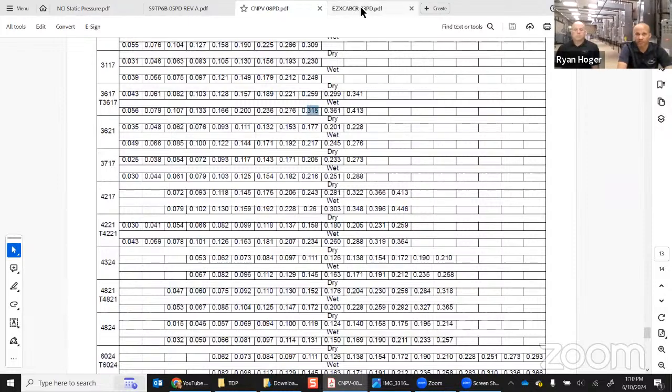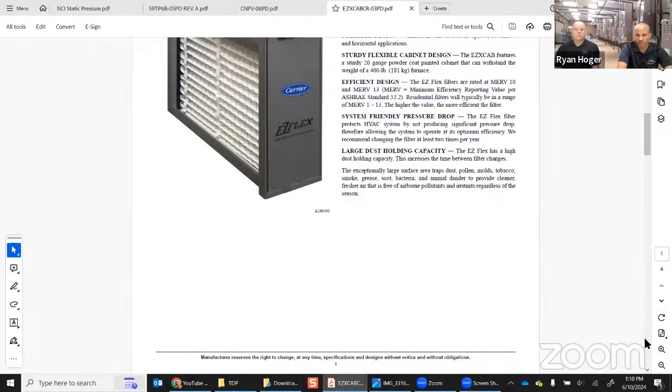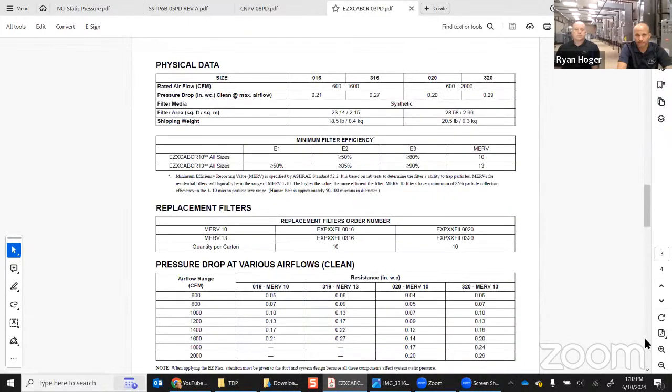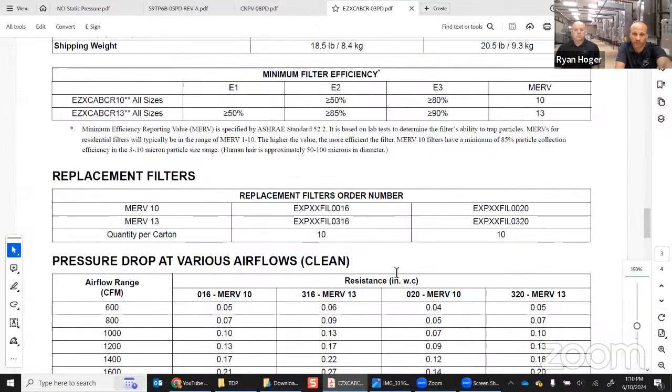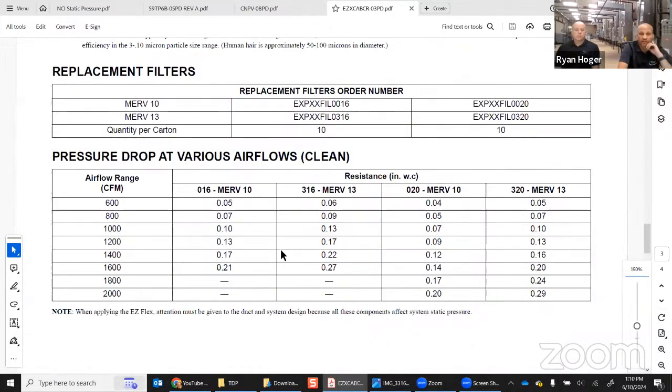If we look at a particular filter, in this case, I took an Easy Flex. Scroll down here, the pressure drops, zoom it up a little bit. Let's say you have a MERV 10, which is what a lot of you guys use. And let's say, once again, it's a 3-ton example to keep everything consistent. So 1200 CFM, it's 0.13 pressure drop if you use the size 16 filter. And then it's less pressure drop, 0.09, if you use the bigger filter, the size 20.